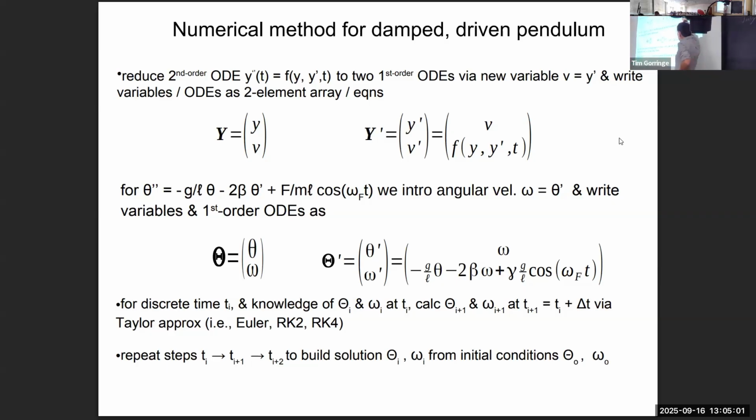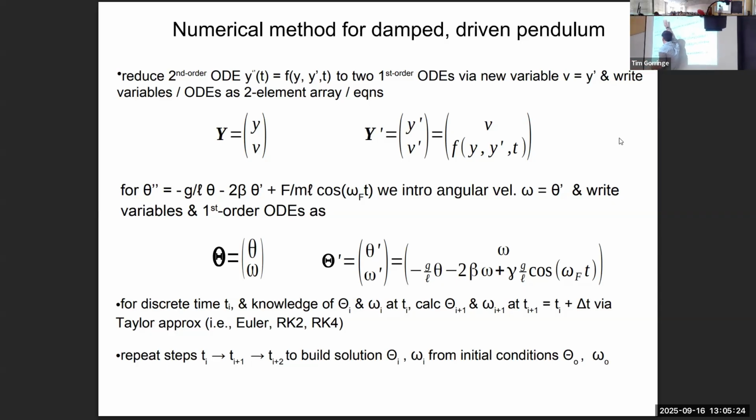This is a decomposition of the second-order differential equation into two first-order differential equations. I'm going to write them in the computer in this fashion, using a meta-variable, a two-element vector, to specify both y and v.